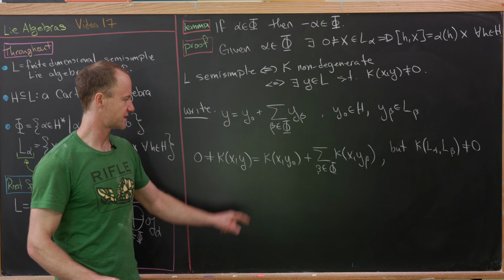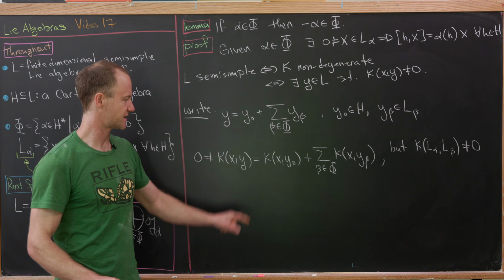We're going to prove that this bracket of x, y is non-zero. Since alpha is not identically 0, and we know that it's not identically 0 because it's a root, which was one part of being a root, that means that there exists some t inside of h such that alpha evaluated at t is non-zero.